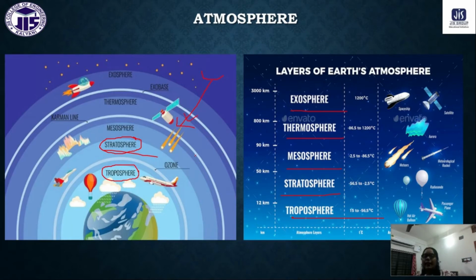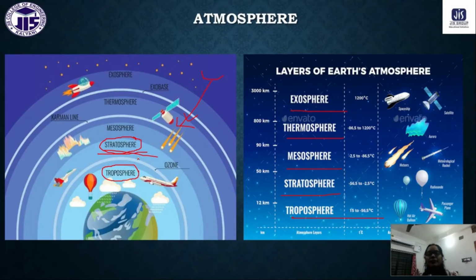Thus this layer protects us from the UV radiation, protects our skin. If our skin is exposed to UV radiation for a long time, skin disease can happen.